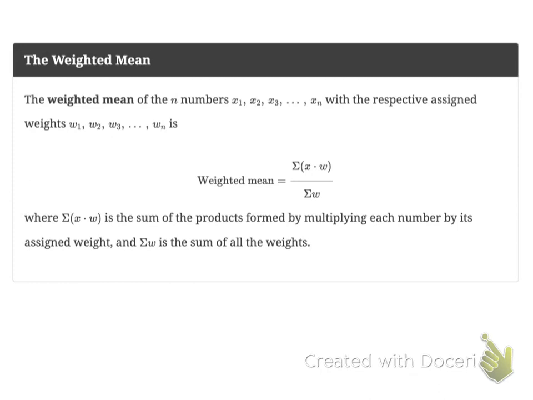For most professors who weight their courses, like if you look at our syllabus, the weights add up to 100 because it's 100%. But there are times, especially when we do GPA, where the sum of the weights will not be 100, it'll be something else. So we're dividing by the sum of all of the weights.